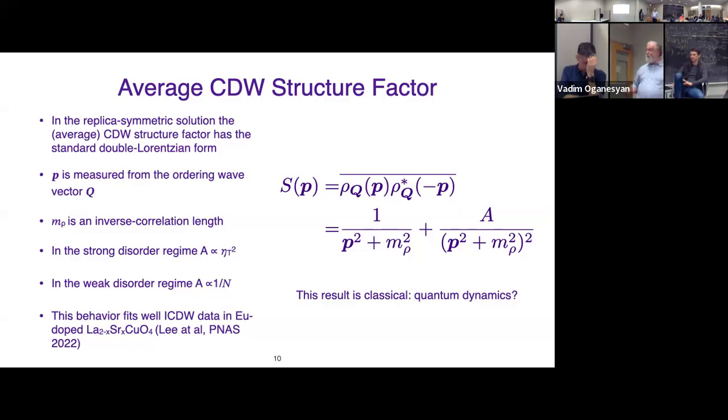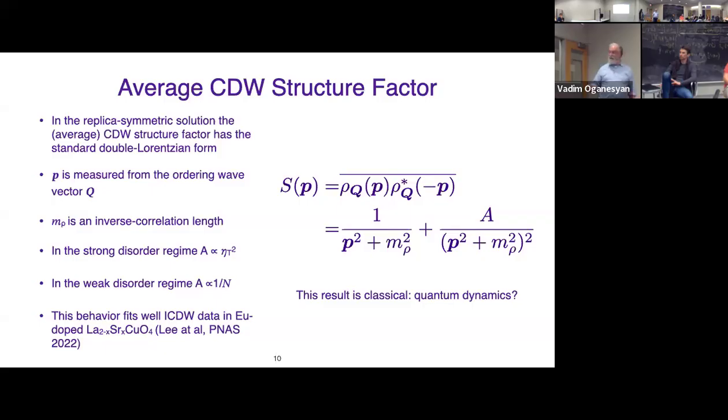So it's all classical. Basically, you can see the temperature dependence. It's a good representation of those systems.